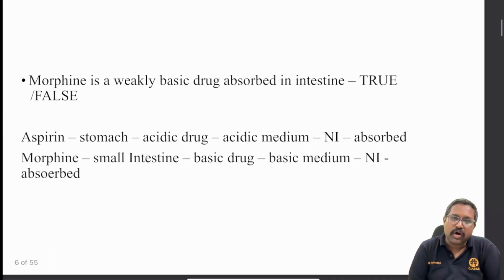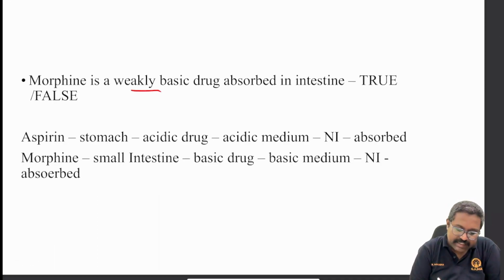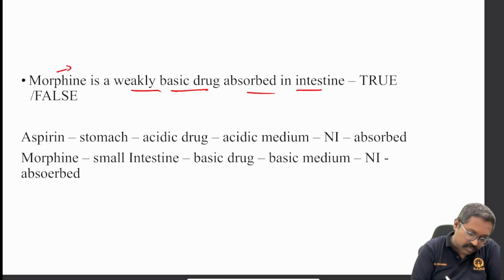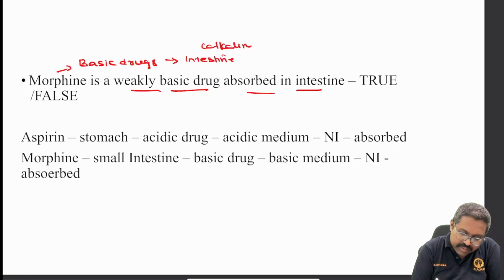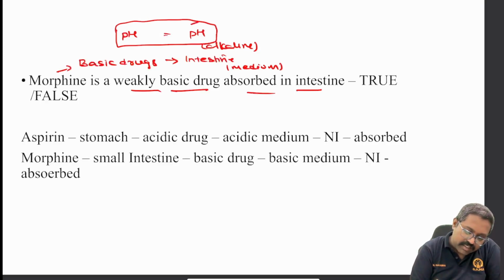So let us see morphine. Morphine is a weakly basic drug, and it will be absorbed in the intestine. As we know, morphine is a basic drug. If the basic drug is subjected to the intestine, the intestine has an alkaline pH. So the pH of the drug and the pH of the medium, that is the intestine, are the same.